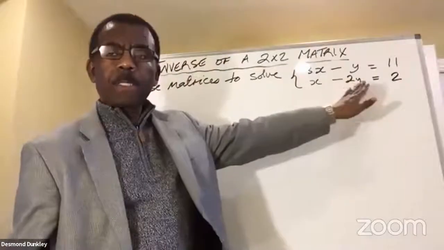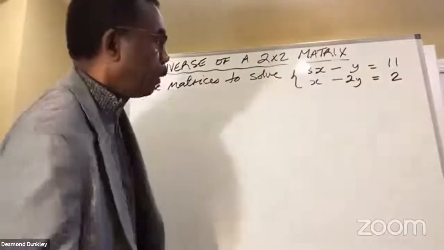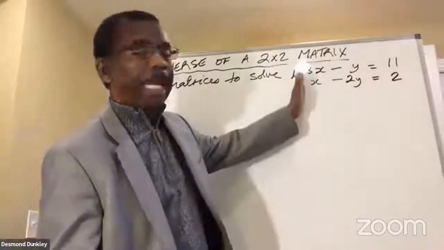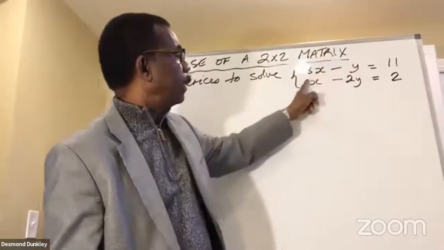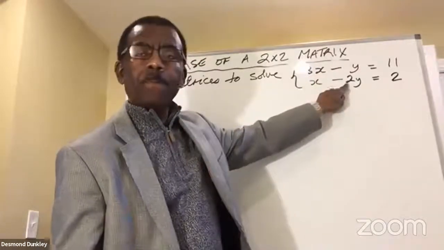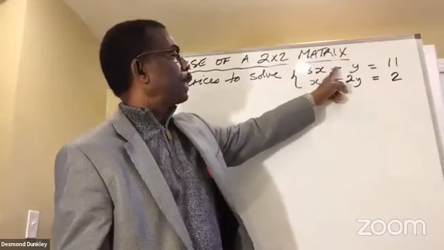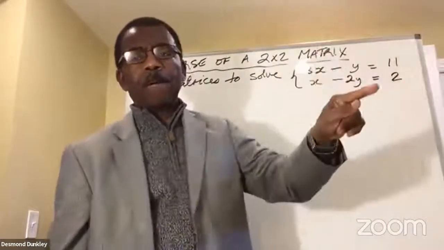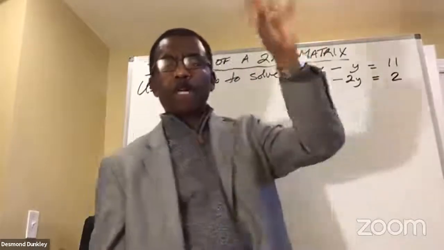You take the coefficients 3, -1, 1, -2, put them in one matrix. You take the variables x and y, put them in another matrix. And you take the constants 11 and 2, put them in another matrix.